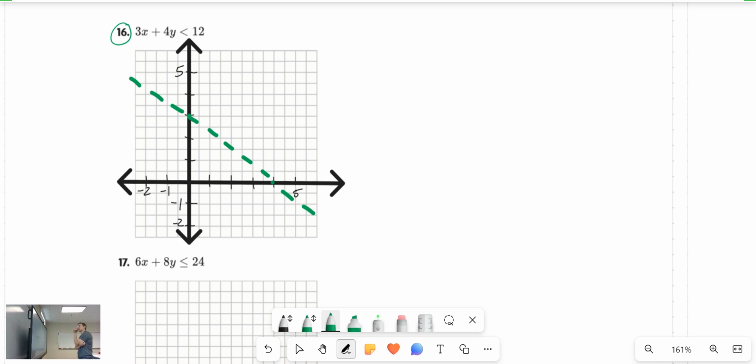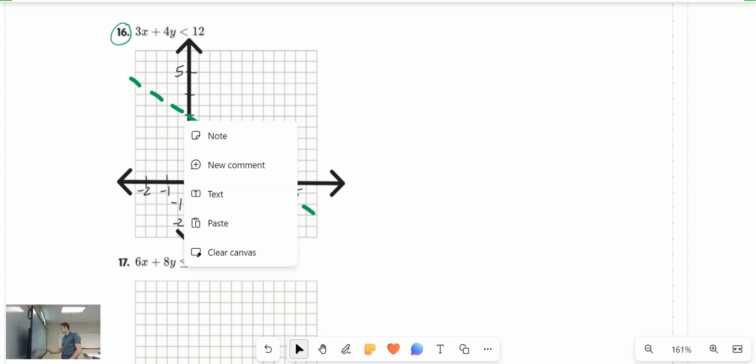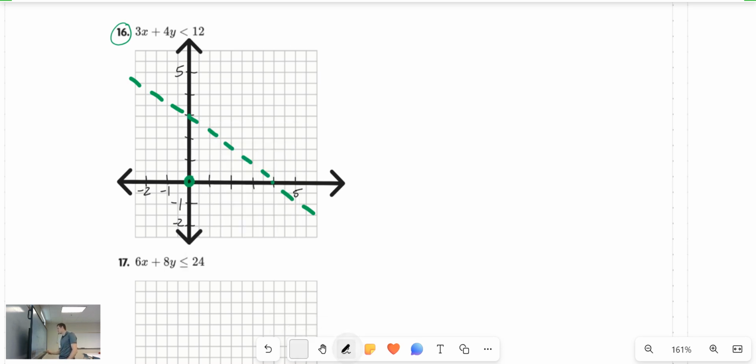And now the question is, do we need to be above or below that line? Well, some combination of x's and y's needs to be less than 12. If x and y were both 0, right at the origin there, would 3 times 0 plus 4 times 0 be less than 12?